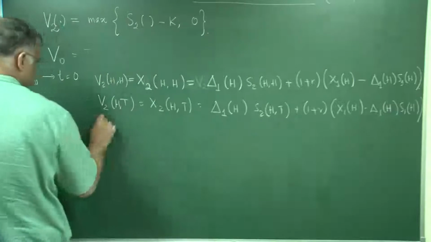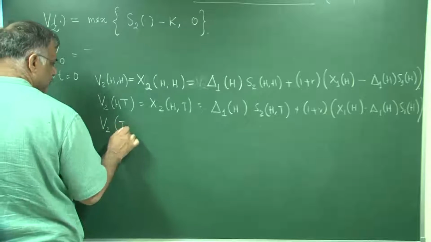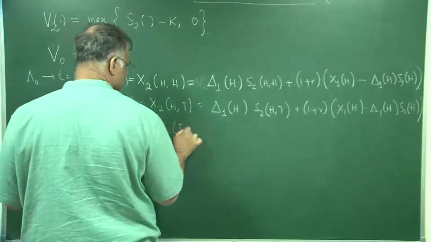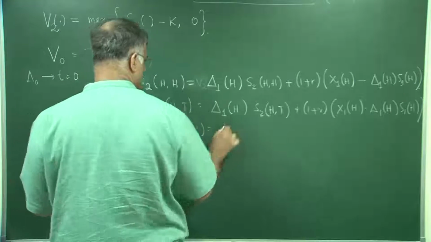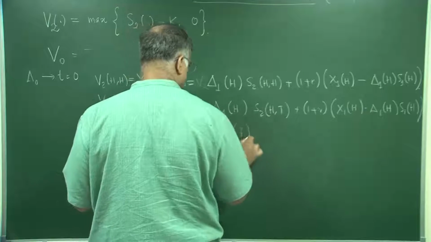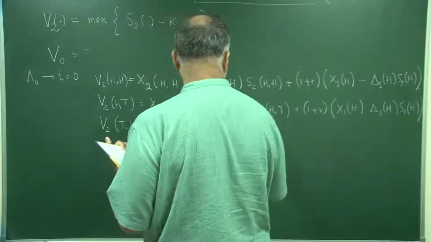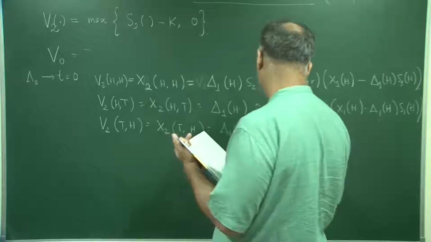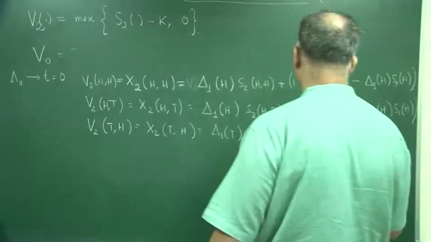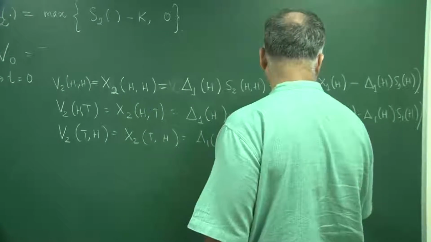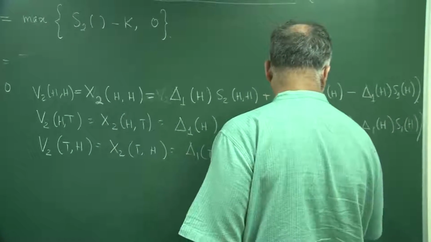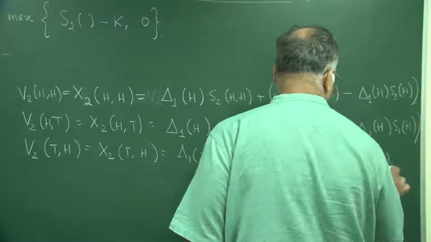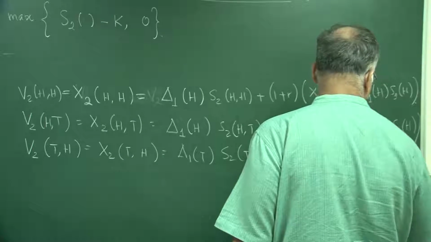Now, again the first outcome was tail, and the second outcome is H. So, it will become delta 1 T into S2 TH plus 1 plus R x1 T minus delta 1 T into S1 T. This is different from the previous one.